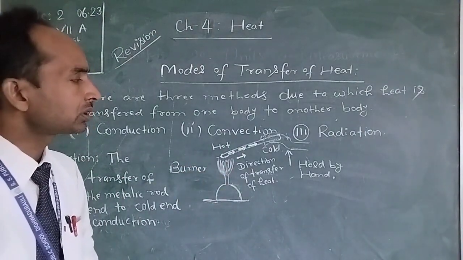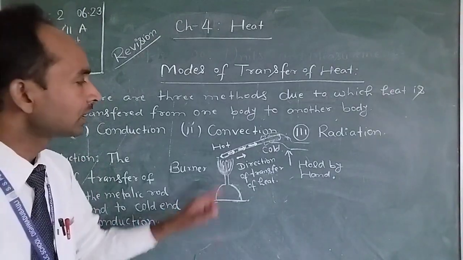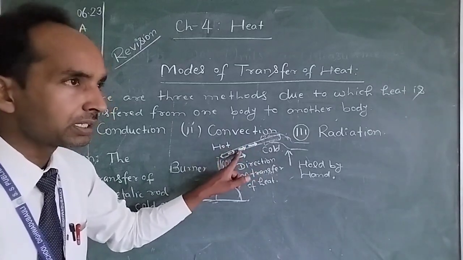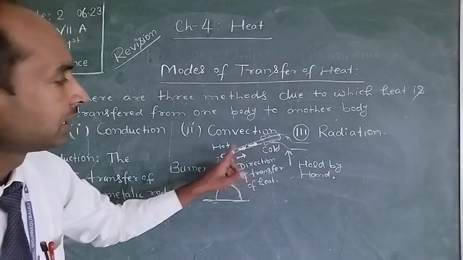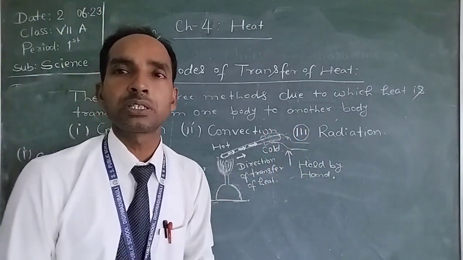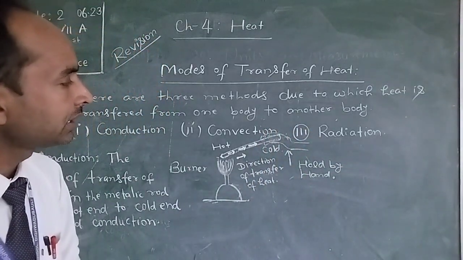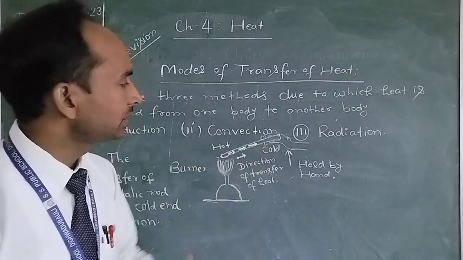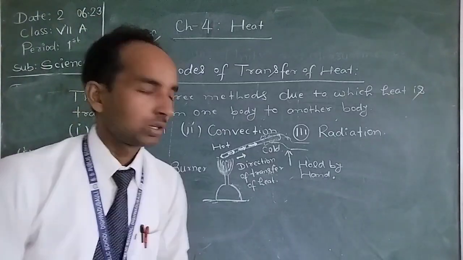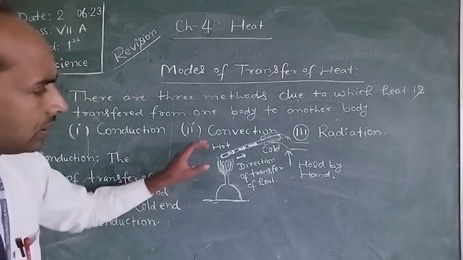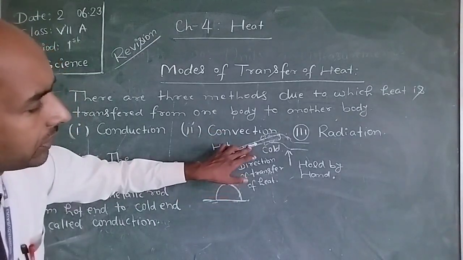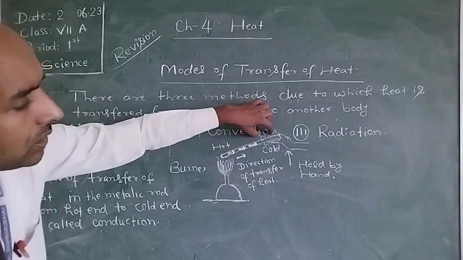Conduction is the mode of transfer of heat in which each molecule of the solid particles transfers the heat to its neighboring particles, and similarly those neighboring particles transfer the heat to their neighboring particles, and gradually the whole rod is heated or hot. So this is the direction of transfer of heat, from the hot end to the cold end.